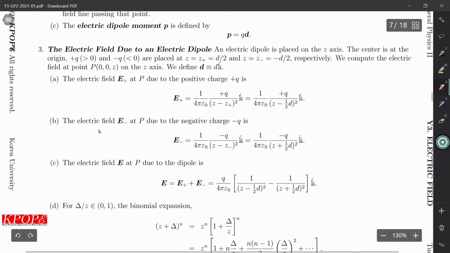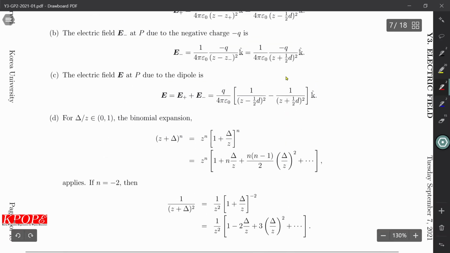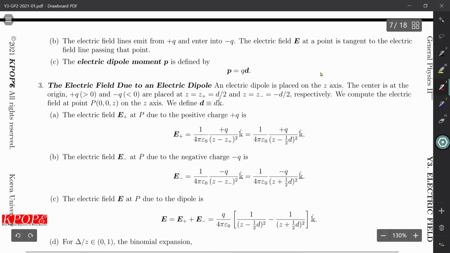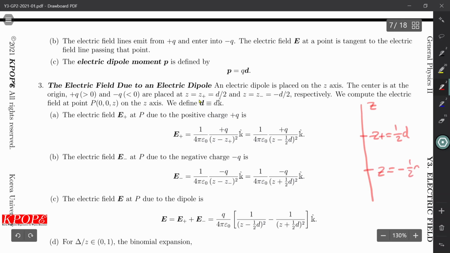Number 3, the electric field due to an electric dipole. Let us consider the z-axis. And we have z plus 1/2 d, z minus 1/2 d, and this is origin.